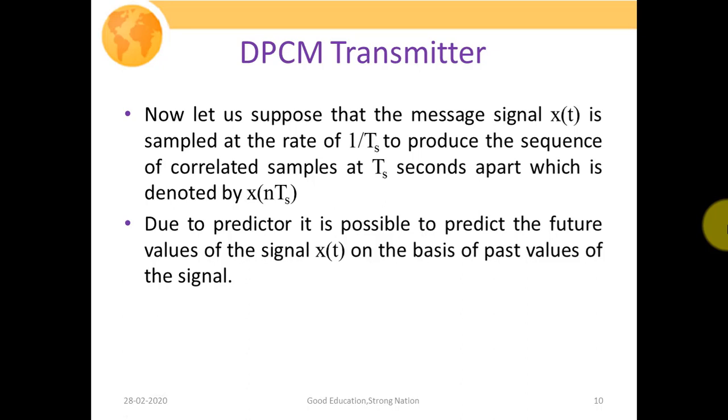After Ts seconds, we get the next sample. Due to the predictor, it is possible to predict the future values of the signal x(t) on the basis of past values of the signal. So basically, we are trying to predict the current sample value on the basis of past values of the signal. This is what our predictor will do.